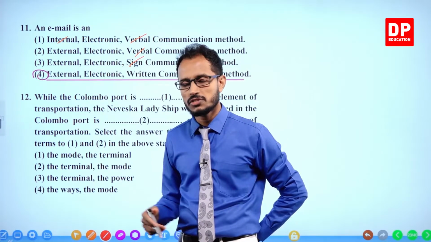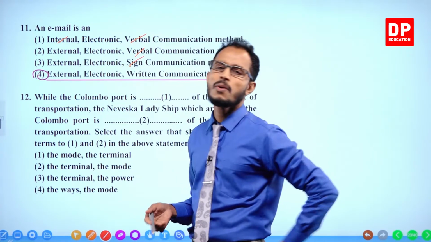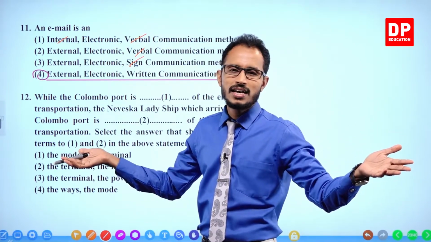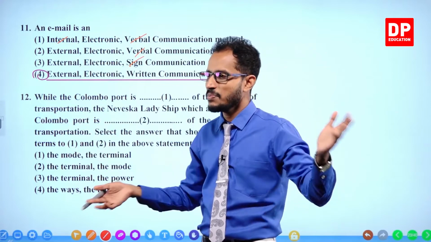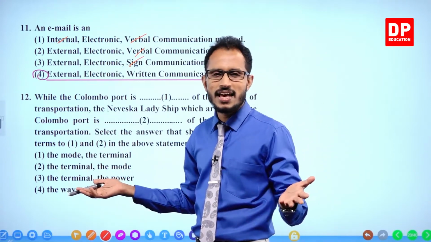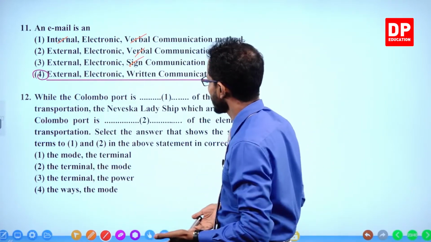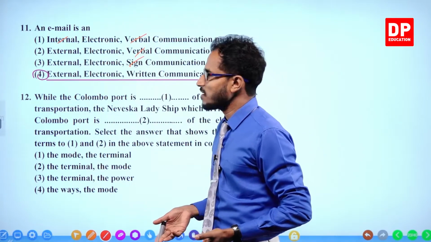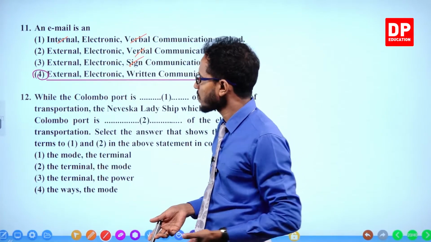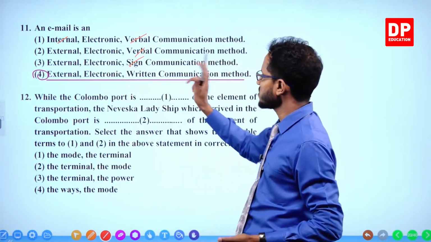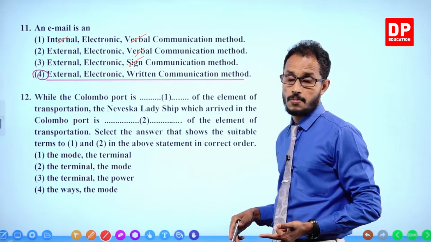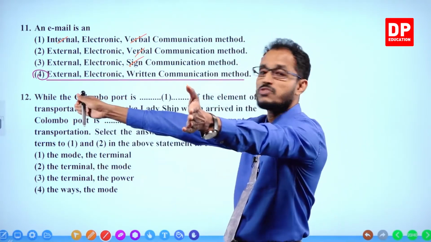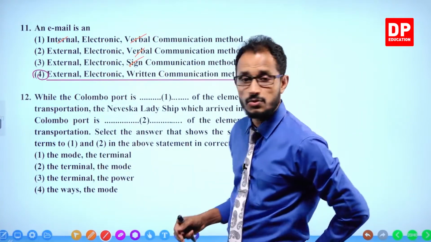You know about emails and Instagram and Facebook and WhatsApp and Twitter and Snapchat, and how many things there are now, electronic communication methods. Email is kind of old, right? But it's external, it's electronic, and it's written. External means from the organization to the outside world. You can communicate with emails.